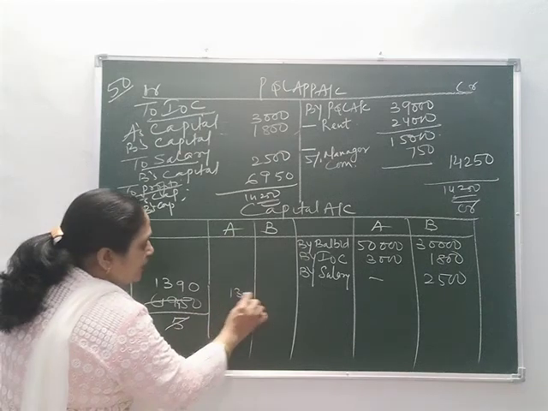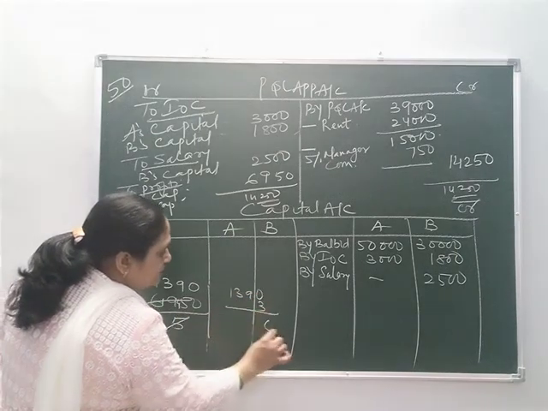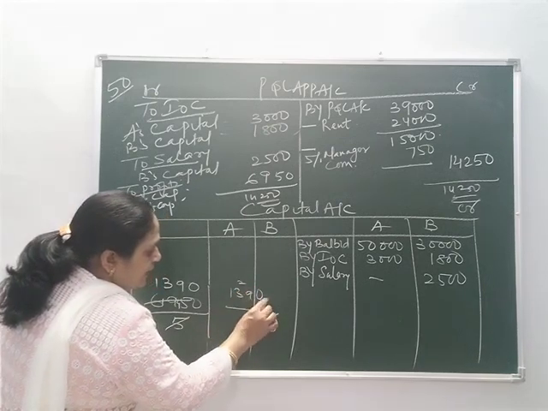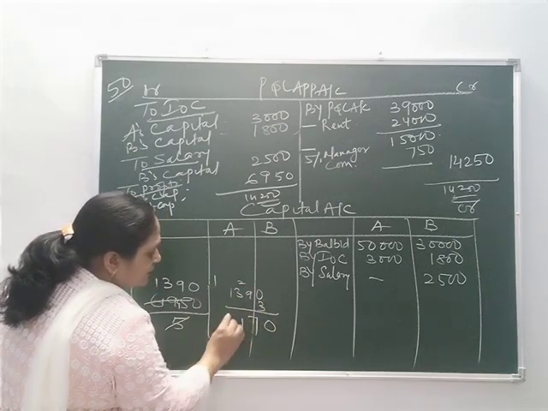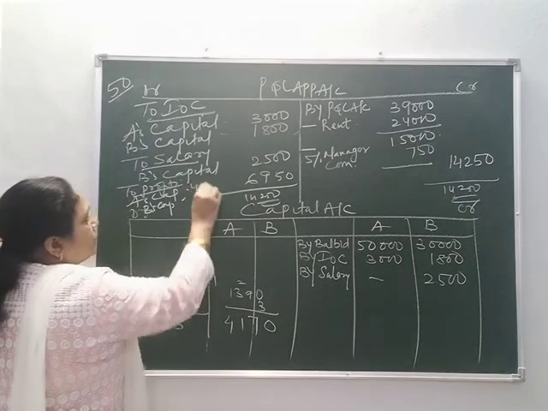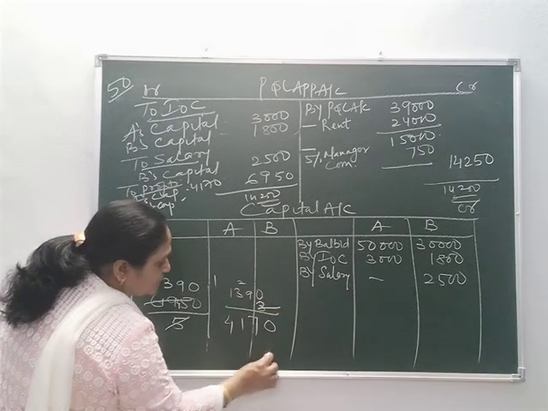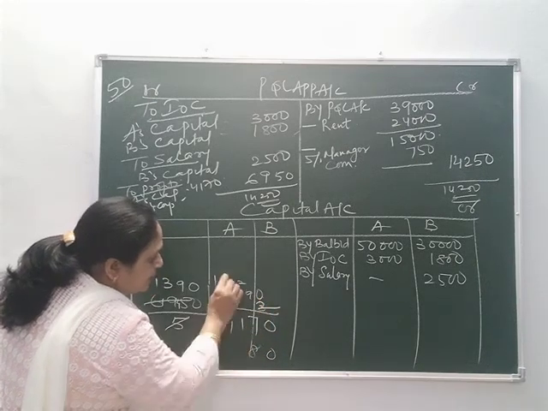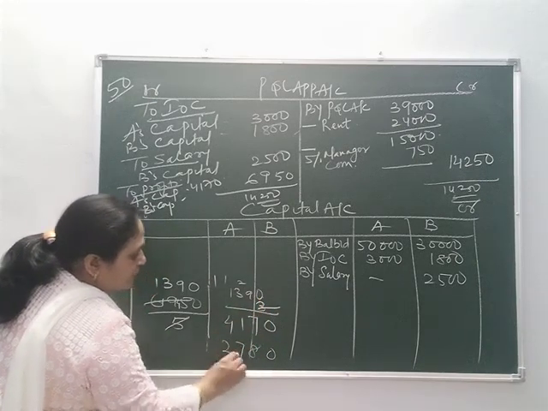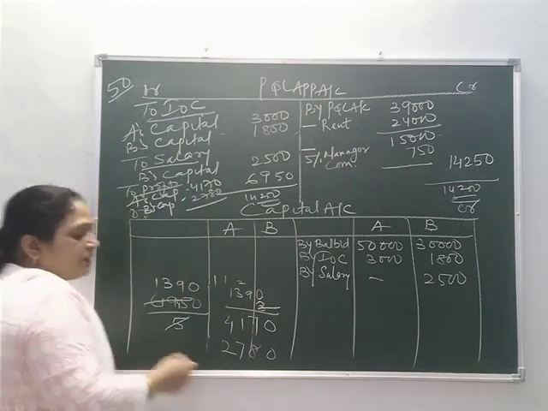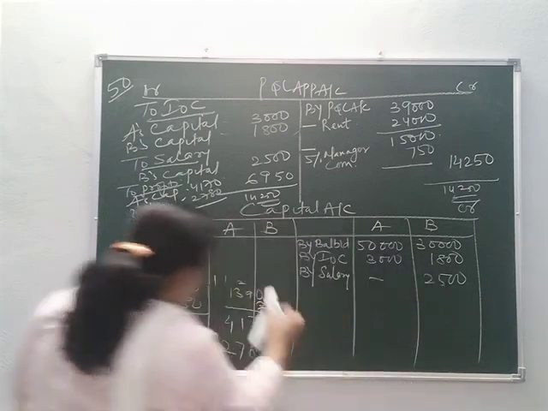So 1390 into 3. 9 threes are 27, 3 threes are 9, 10, 11. 3 ones are 3 and 1, 4. So 4,170 is A's part, and we will multiply by 2. 2 zeros are 0, 2 nines are 18, 2 threes are 6 and 1, 7, 2 ones are 2. So 2,780. This is their divisible profits.